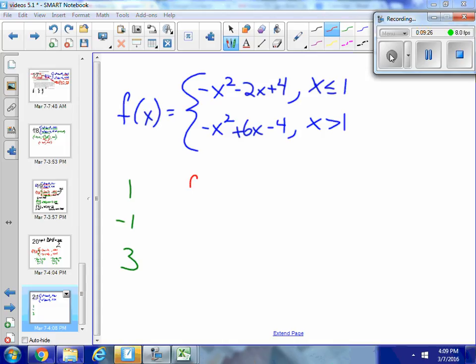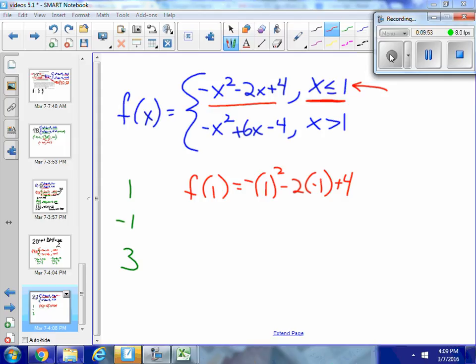Well, what is f of 1? Well, I'm going to use this top part because the domain of the function says where x is less than or equal to 1, I use this function. So f of 1 is negative 1 squared minus 2 times negative 1 plus 4.